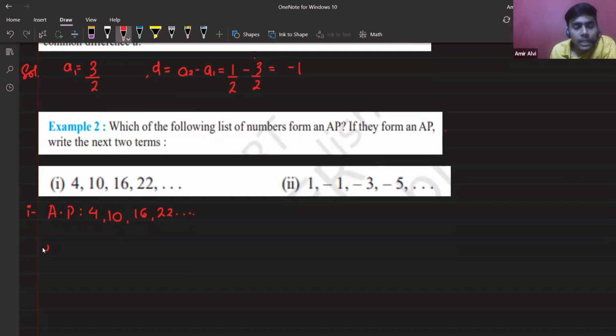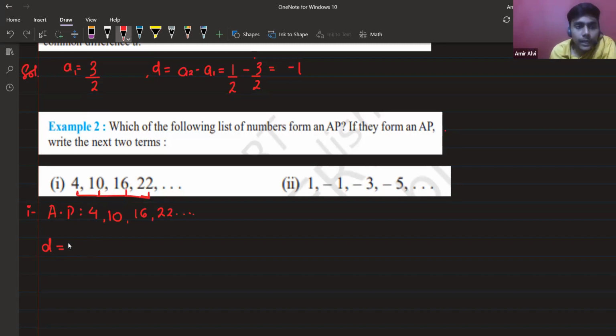Now tell me, to identify whether it's an AP or not, can I take the common difference of these two terms and the common difference of these two terms? If they are the same, that means they are forming an AP.